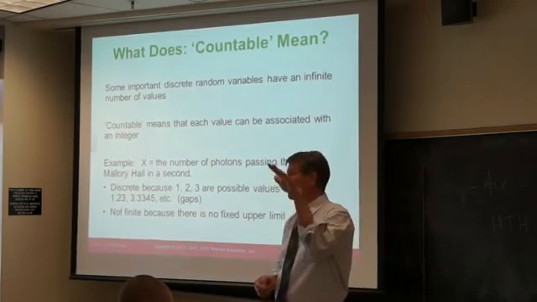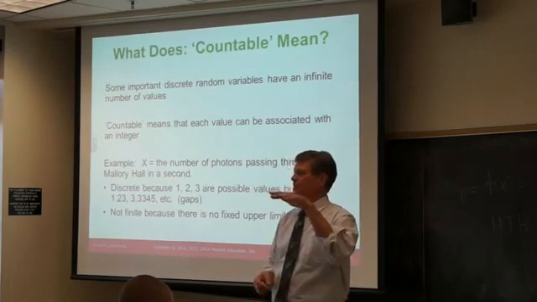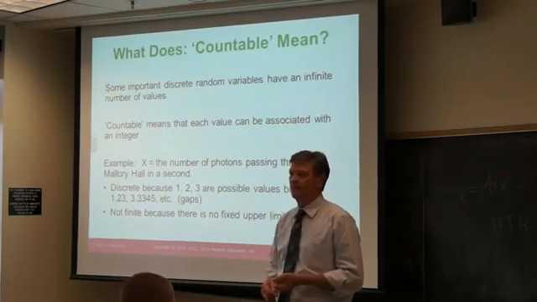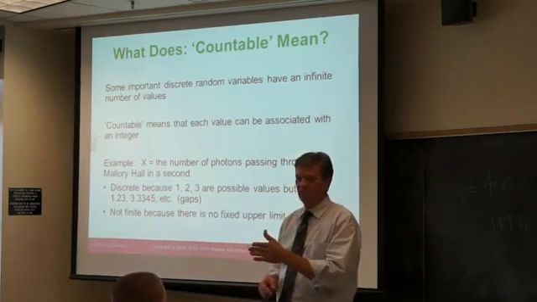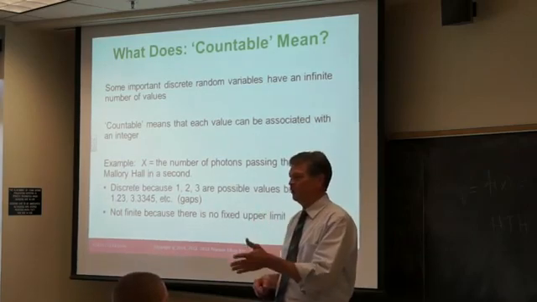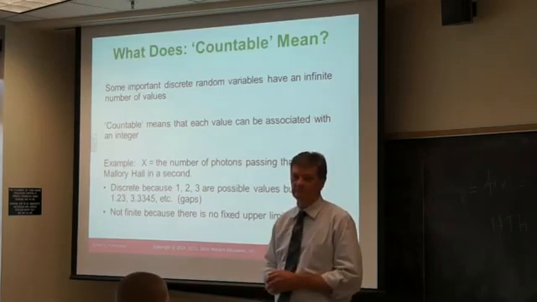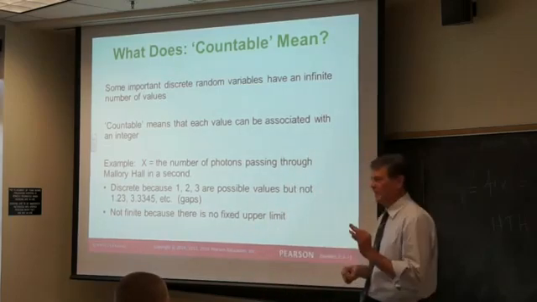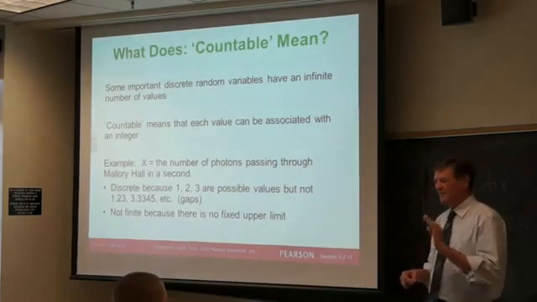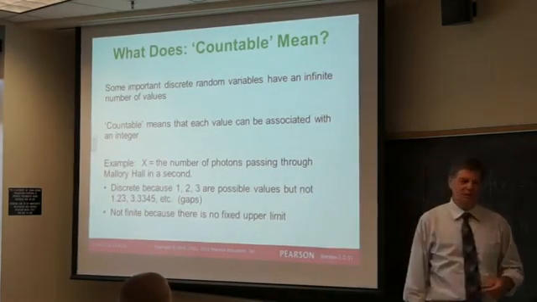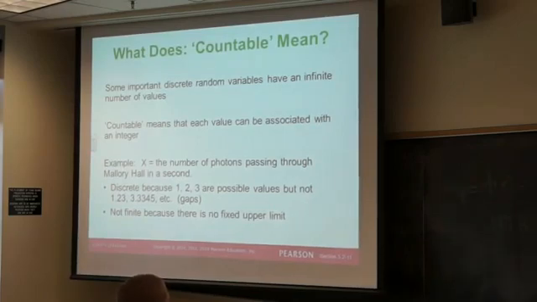It might not have any upper bound. It would get really large, but it's countable, so it's discrete. I have 100,000 photons in that second. I can have 100,001. I can't have anything in between. All right? Got that idea? Don't worry if it's not real crystal clear. If we get to Poisson distributions, then we'll talk more about that.